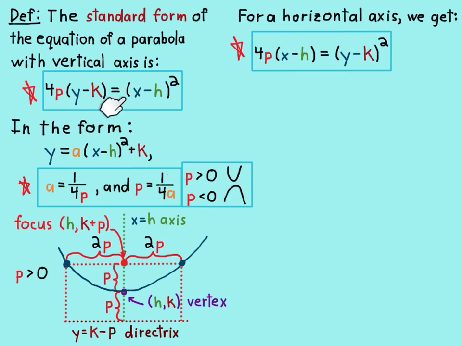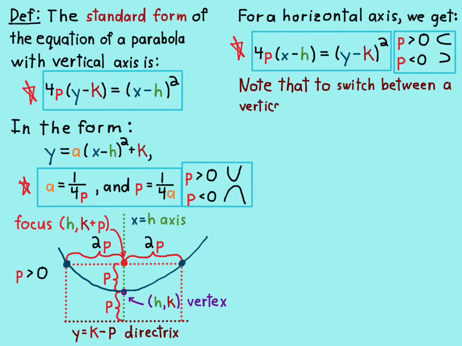So that's the only difference between these two. You switch the x minus h and the y minus k to get this one. And now you have a horizontal axis of symmetry, which means you have a vertical directrix. And now when p is positive, it opens to the right, towards the positive x-axis. And when p is negative, it opens towards the left, towards the negative x-axis.